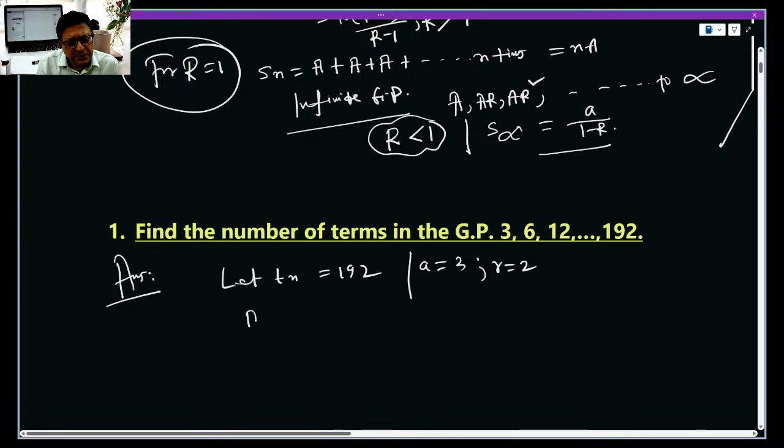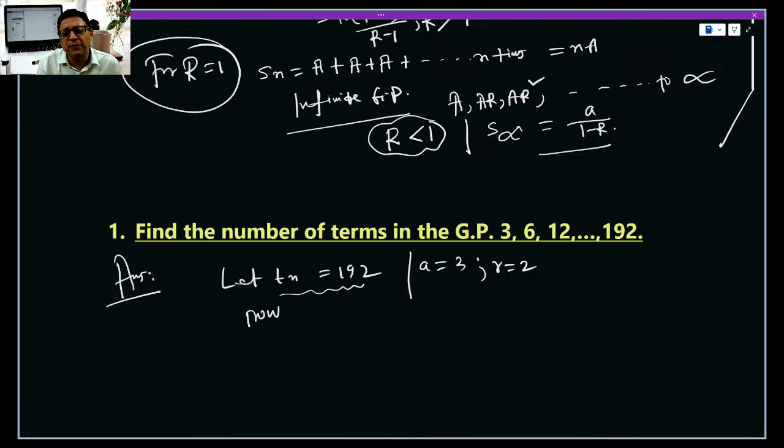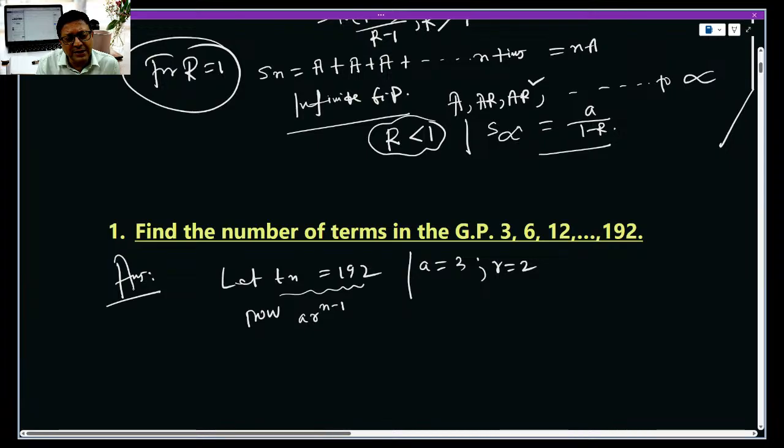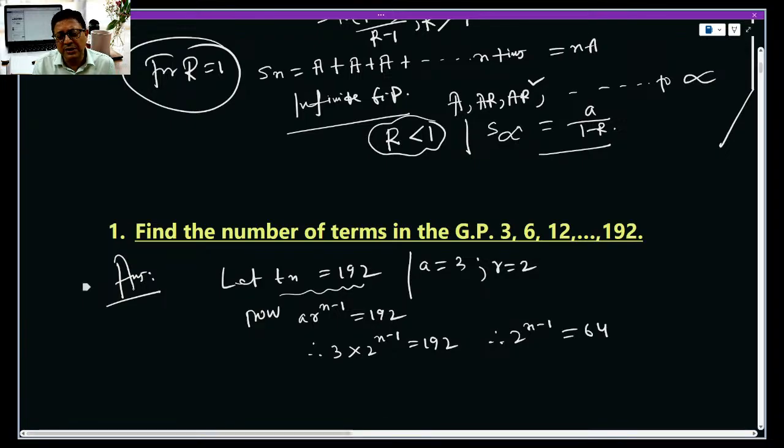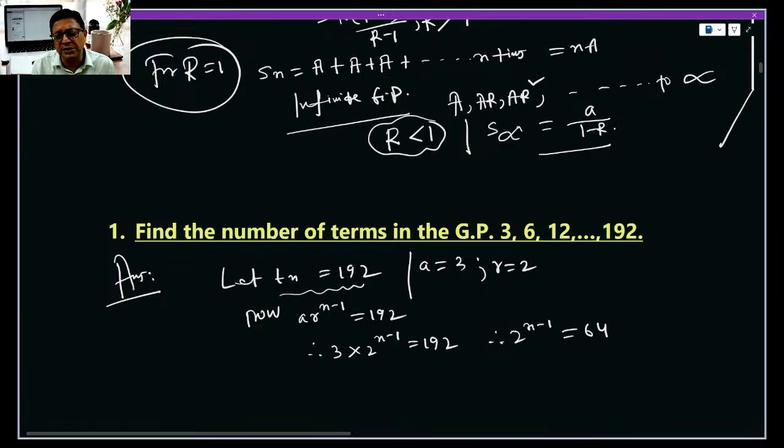Now, this Tn equal to 192. Tn formula is what? A r to the power n minus 1. This is 192. 3 into 2 to the power n minus 1. Therefore, 2 to the power n minus 1 is 64. 192 by 3 is 64.